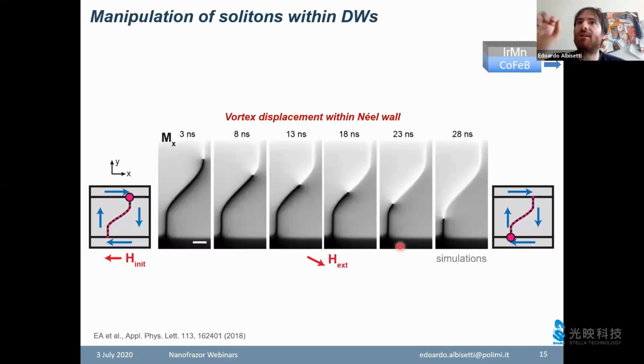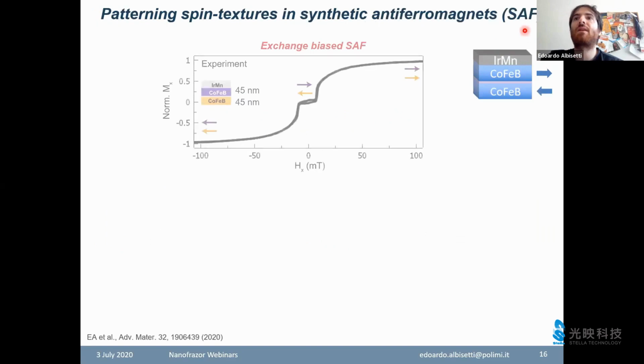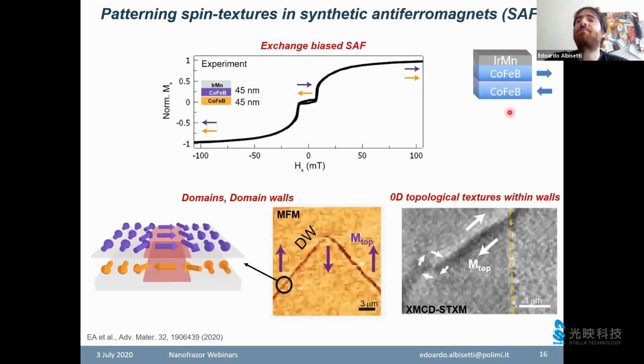So far, I showed you, let me go back one second. So far, I just showed you TAM-SPL in this particular system, which is the most simple system that you can have, where you have only one ferromagnetic layer and one antiferromagnetic layer that provides the exchange bias effect that you need for TAM-SPL. But you can also complicate things a bit, and you can have different magnetic systems, for example, composed by two ferromagnetic layers, which are point-by-point oriented anti-parallel one to the other.